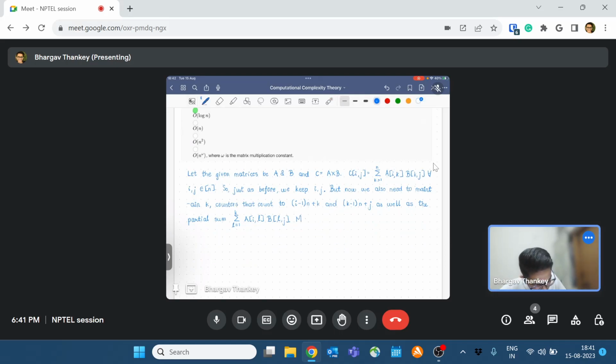So maintaining i, j, k and the counters requires order log n space each.